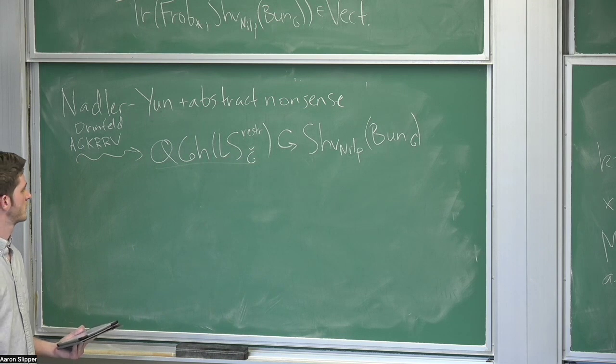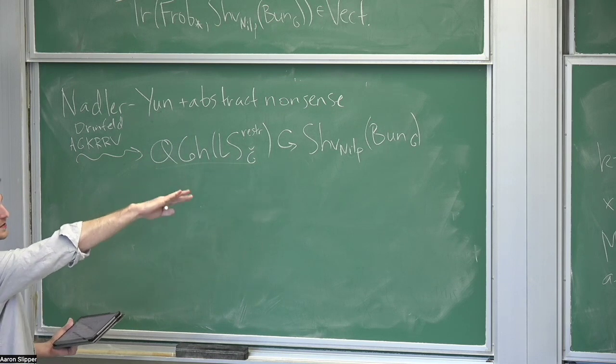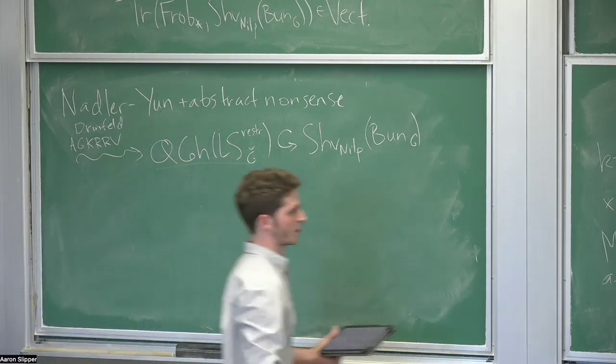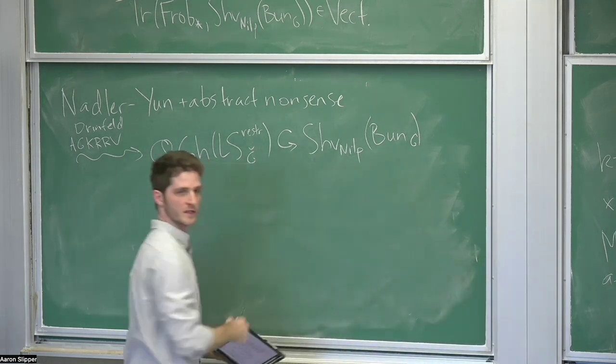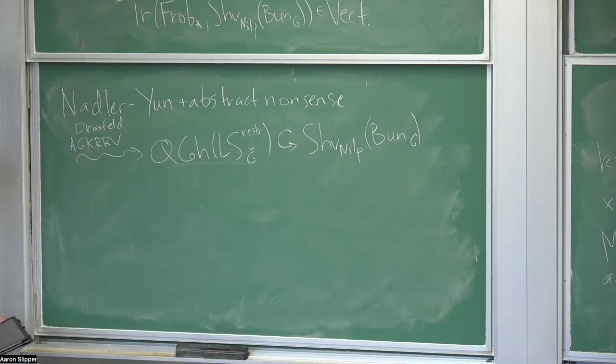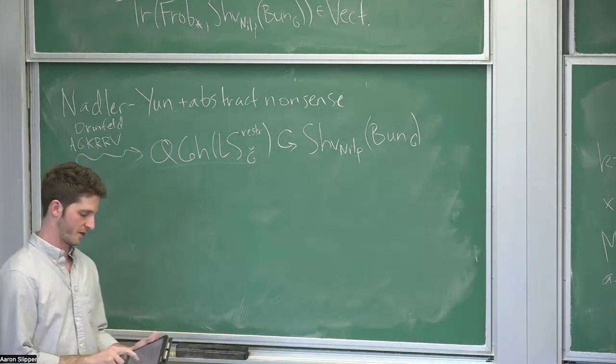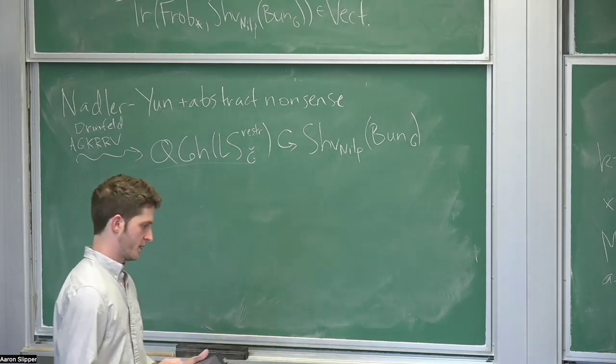From the data of all of these, specifically functors from here to here, compatibly as the points vary, that should assemble into an action. Then in the de Rham setting, you can sort of see.